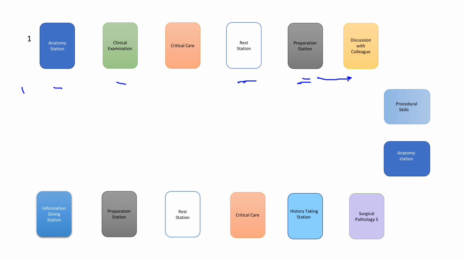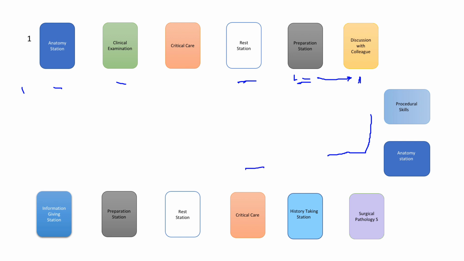In one station you do preparation and you go to the next station and you discuss with a colleague, and this actually consists of one preparation station and then one discussion station.